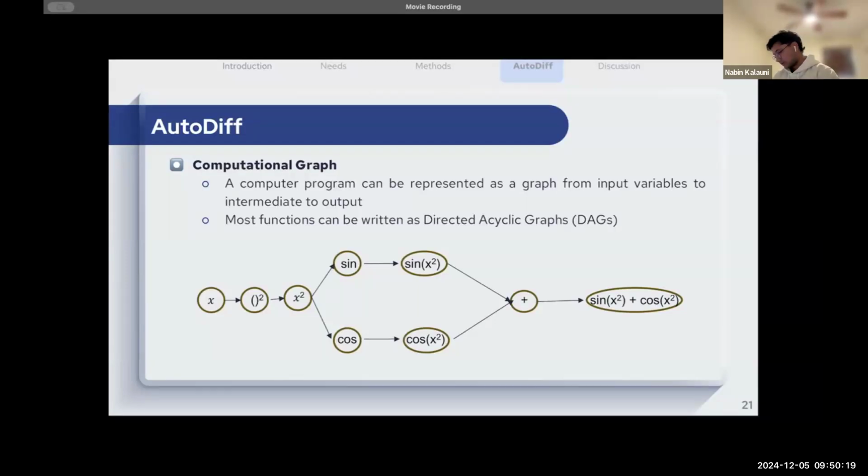At the nodes you have both variables and operators, and the edges represent the flow of information, the order of operations, and the relationships between these. So this is how you'd represent a computer program using a graph.